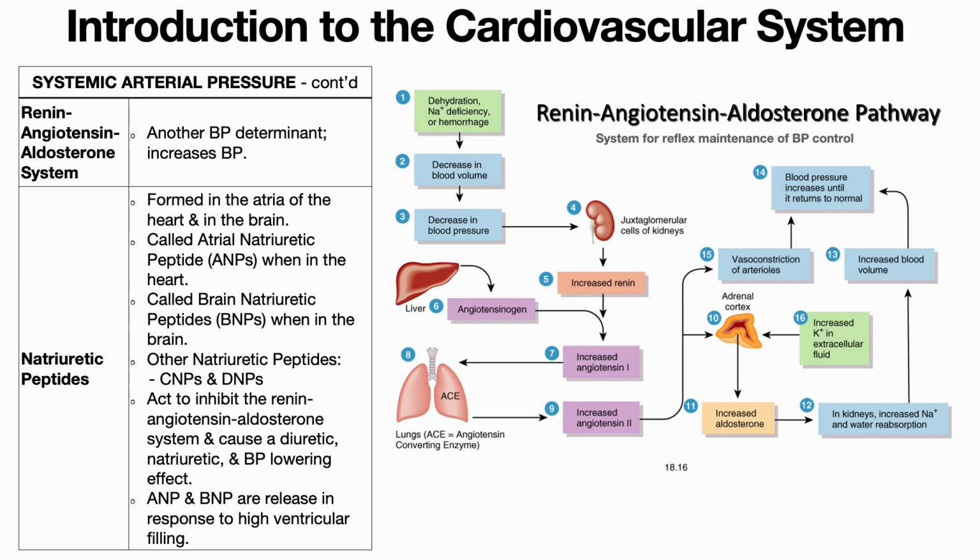The increase in sodium and water reabsorption leads to increased blood volume, and thus increasing the blood pressure. The increase in angiotensin 2 mentioned in number 9 causes vasoconstriction of the arterioles, which also increases the BP.